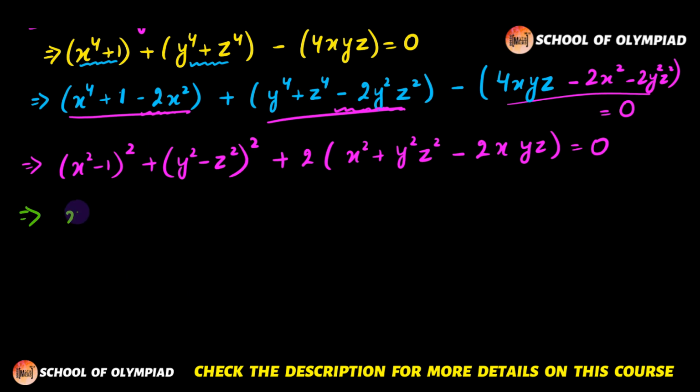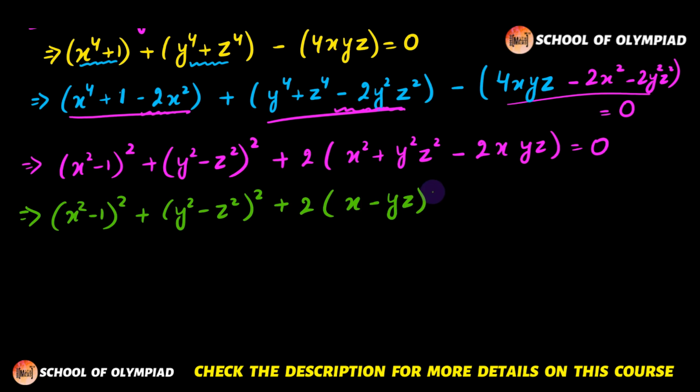So now we get x square minus 1 whole square plus y square minus z square whole square plus 2 into x minus y into z whole square is equal to 0.